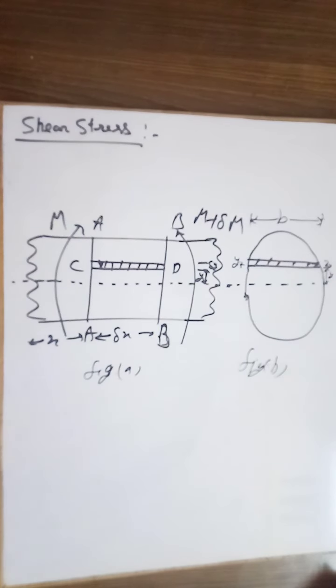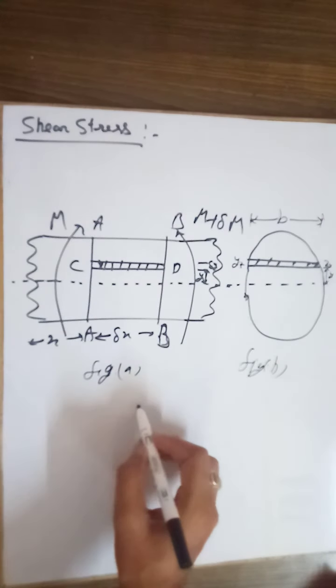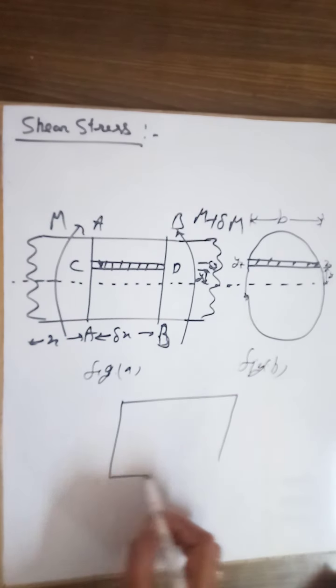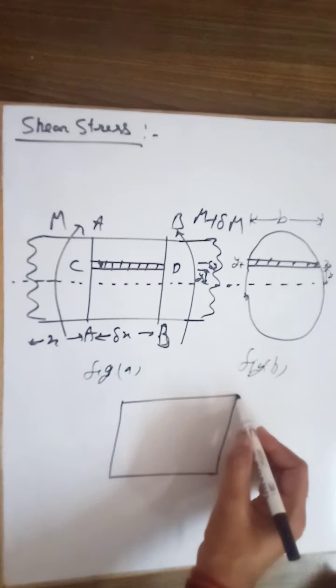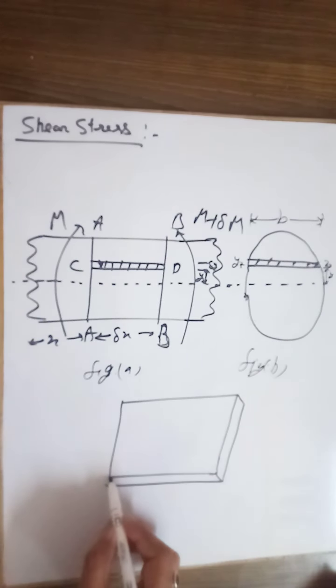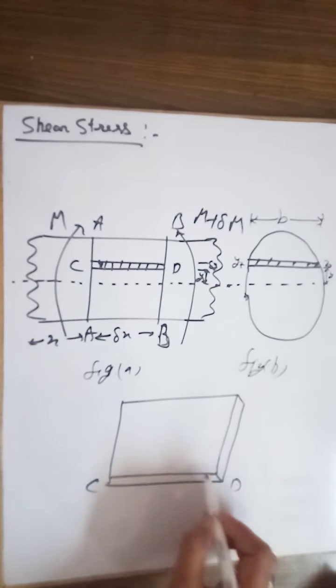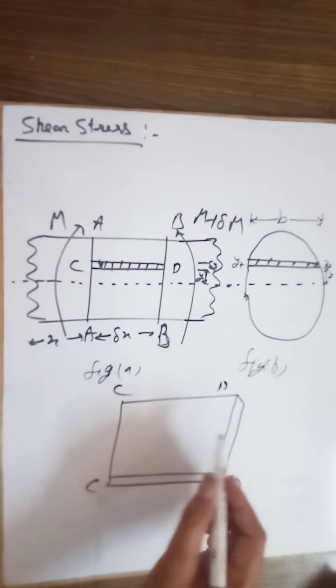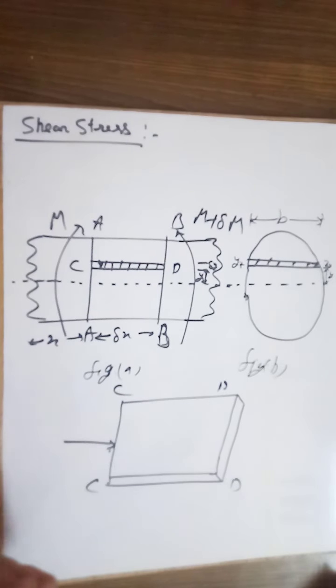So the force will be applied on both the sides. If this is CD, this fiber I am just trying to draw here, a force will be applied in this direction and in this direction.